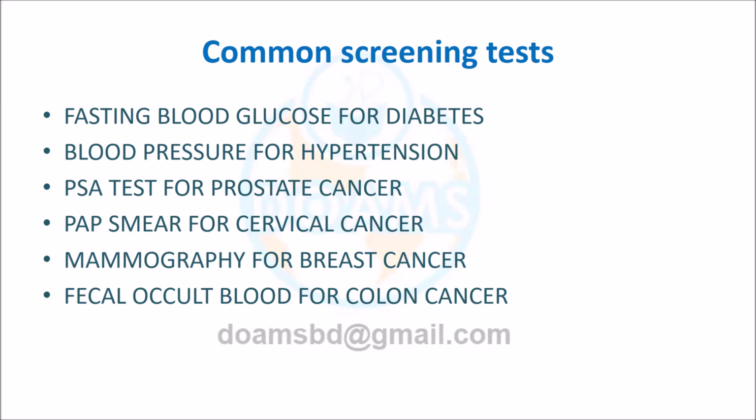Again, take fasting blood sugar for diabetes. Fasting blood sugar can detect a patient having hyperglycemia, but it doesn't mean it will tell that the patient has diabetes in every case, because some patients may have high postprandial blood sugar.